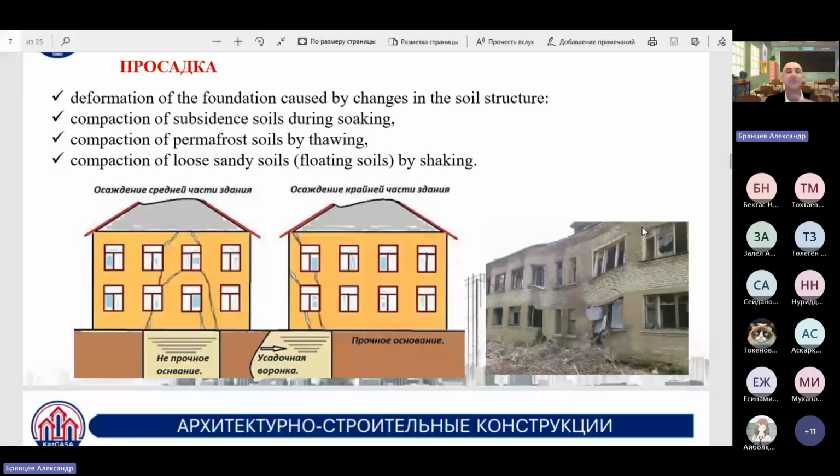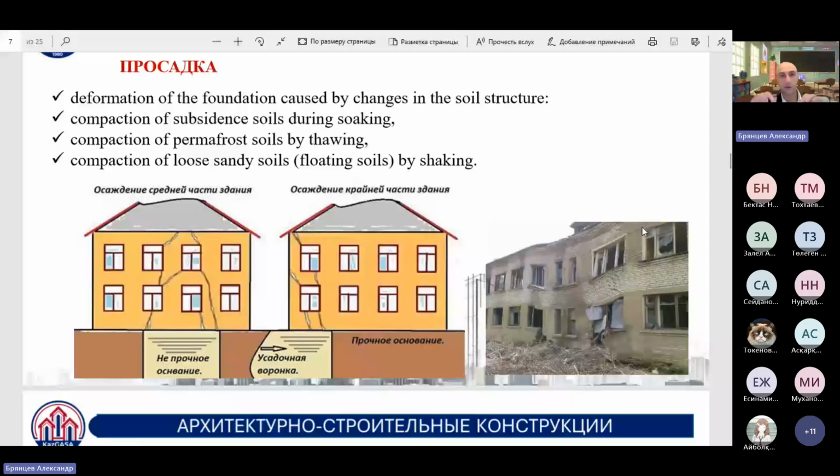Subsidence or settlement, actually. The synonyms include compaction of collapsible soil, for instance, loose soil that loses strength when the raw water level is increased, for example.